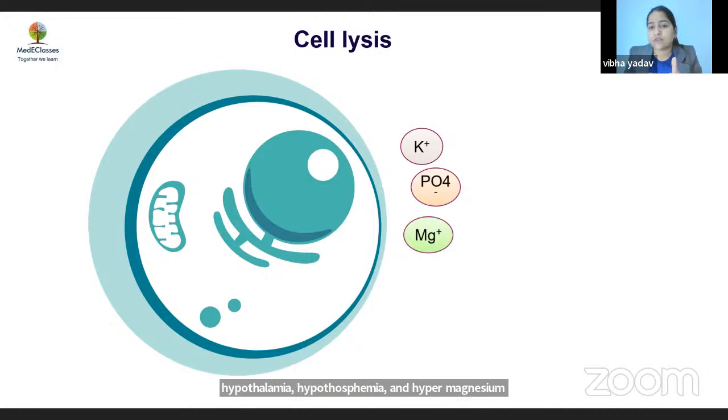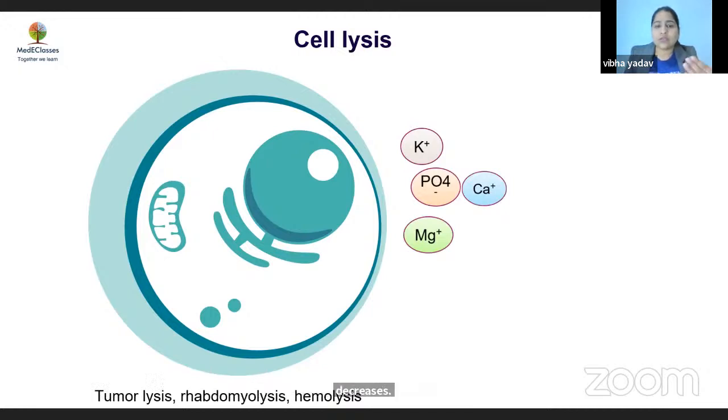This increased phosphate binds with the calcium, and this decreases the ionic calcium. So the conditions of cell lysis present with high phosphate and low calcium.